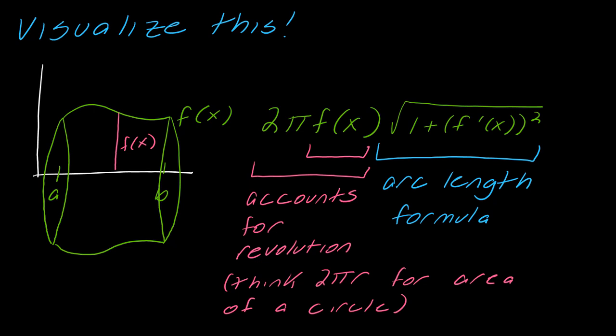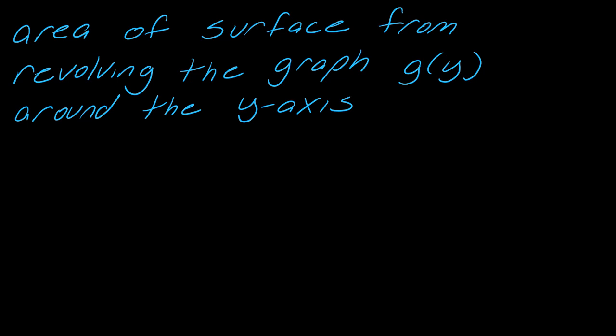I'm just bringing that up so you can remember where all of that comes from. And very similarly, if I want to revolve a graph g of y around the y-axis, now I need a function in terms of y.